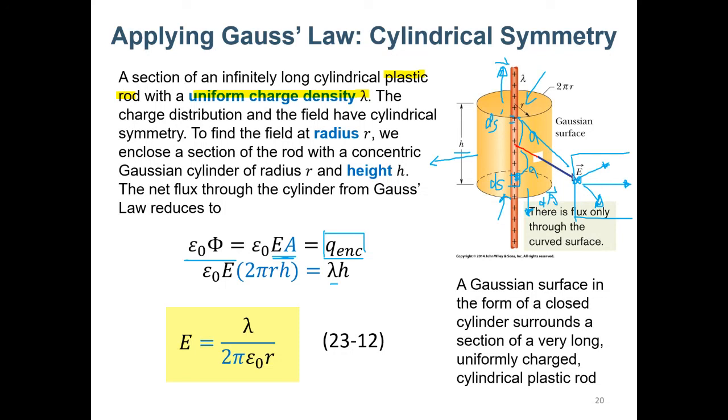The height is h, and the width of this rectangle would be the circumference of the circle, which is 2 pi r. So the area of the side part would be the width times the height, 2 pi r h. This is the width, this is the height. So this is the area of the side.